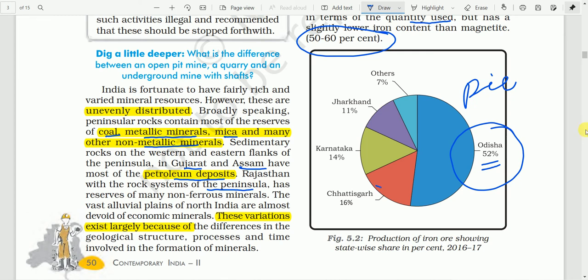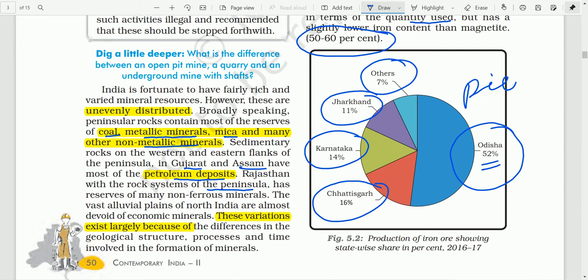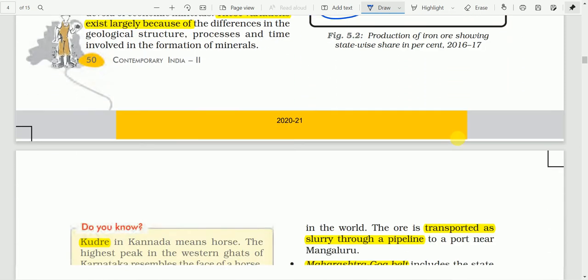Then comes Chhattisgarh 16%, Karnataka 14%, Jharkhand 11%, and other states 7%. So Orissa is the largest producer of iron ore.